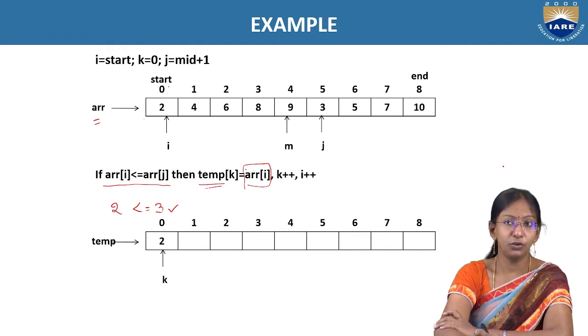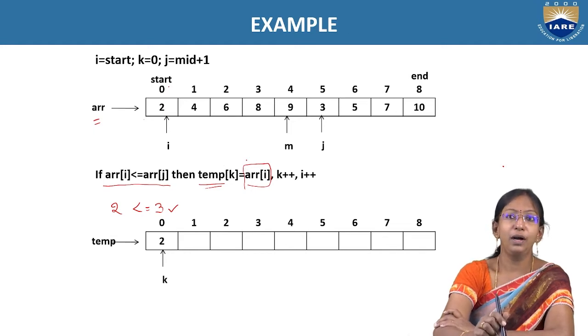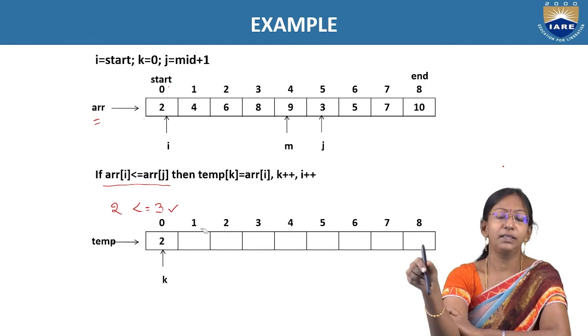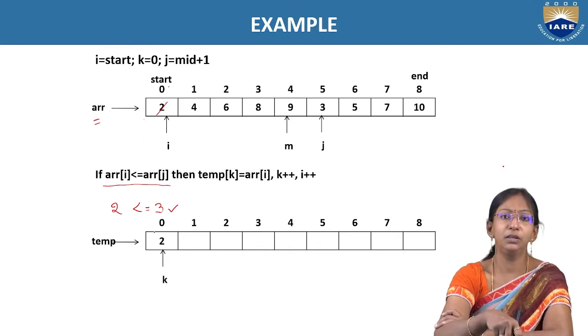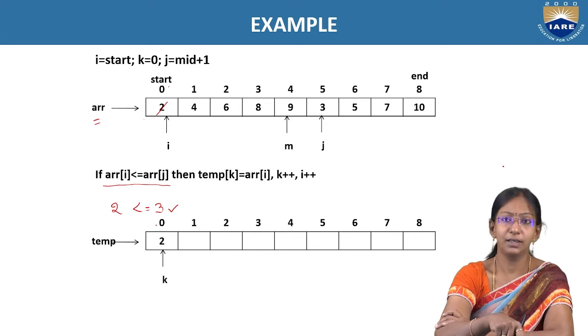So, as the condition got satisfied, you just copy the content pointed by I to K, right? That means you have sorted and placed the element 2 into the temporary list.